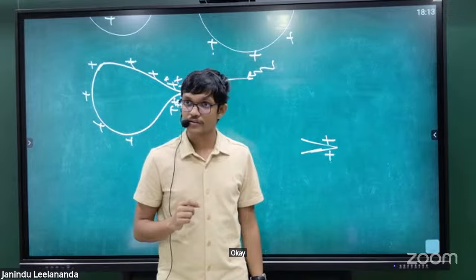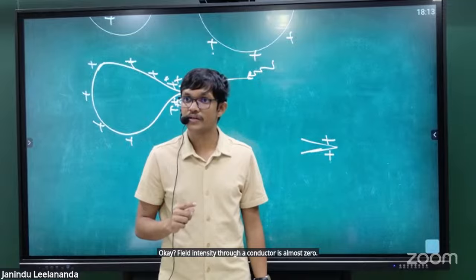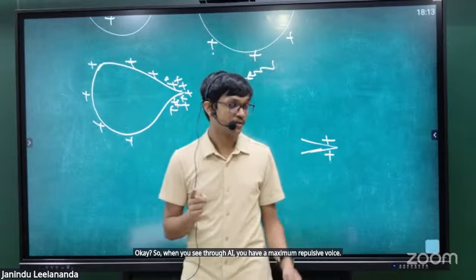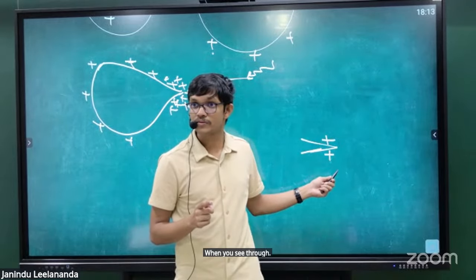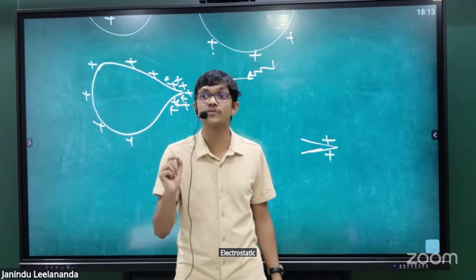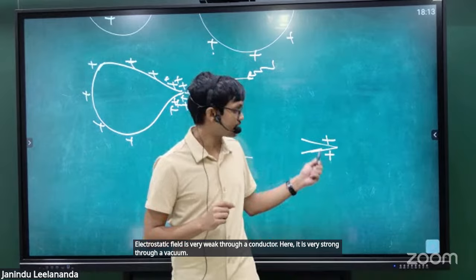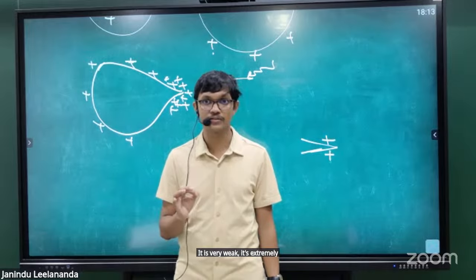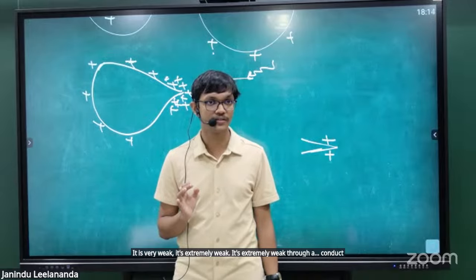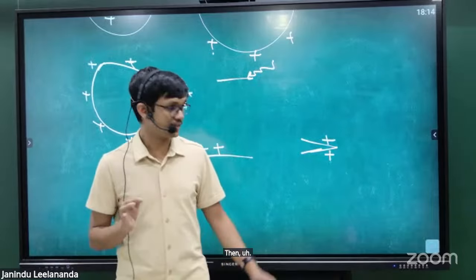So when you see through air, you have a maximum repulsive force. When you see through a conductor, you actually can't see each other. The electrostatic field is very strong through a vacuum, but extremely weak through a conductor. Clear?